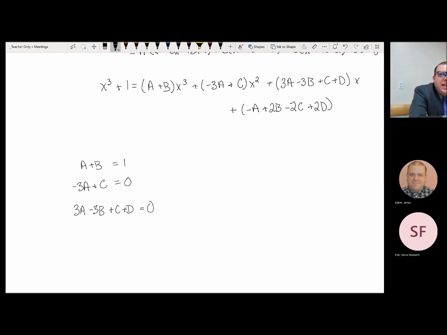Again, there's no x squared on the left. There's no x on the left. So those coefficients are 0. And then our constant, negative a plus 2b minus 2c plus 2d, that has to be 1. We have a system of 4 equations and 4 unknowns. This is not a nice system to solve by hand.